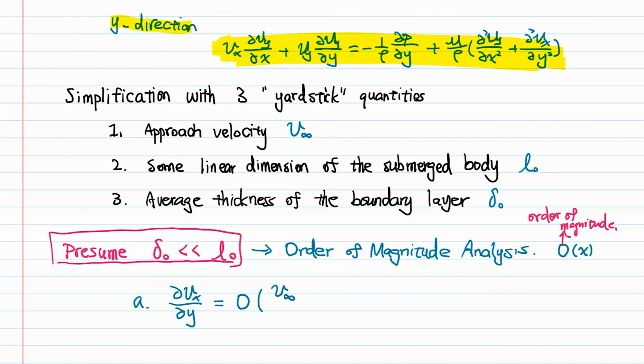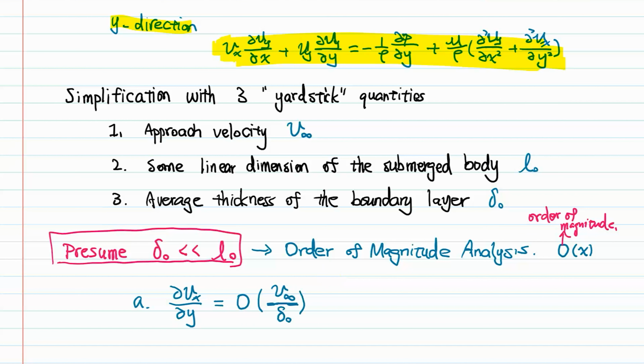So it's very reasonable to use the approach velocity as being of the same order of Vx. And for the y, because we're looking at boundary layer problems, that order should be on the order of the boundary layer thickness. So here we have the order of magnitude analysis for partial Vx partial y.